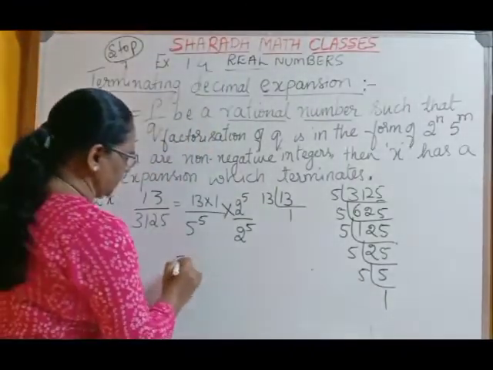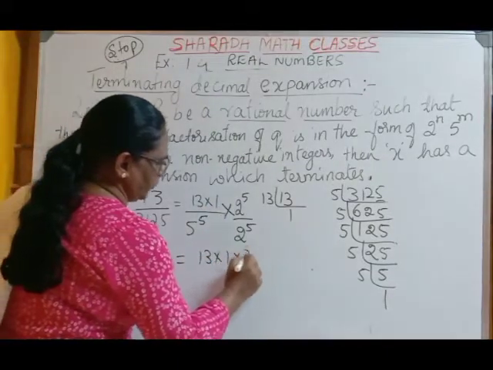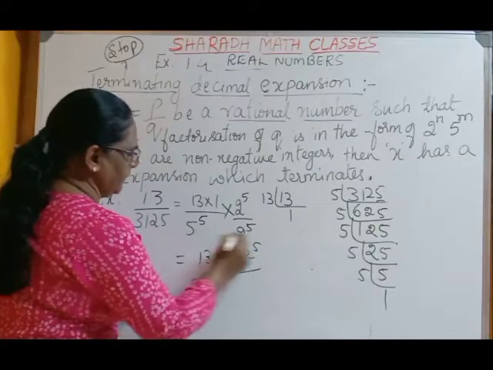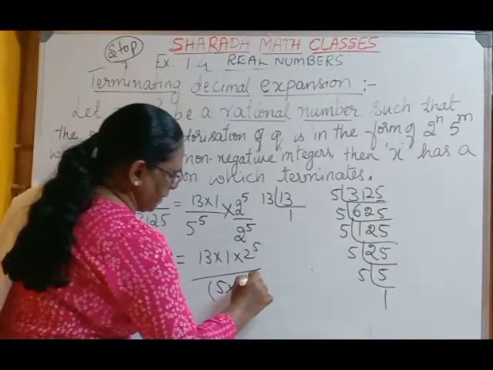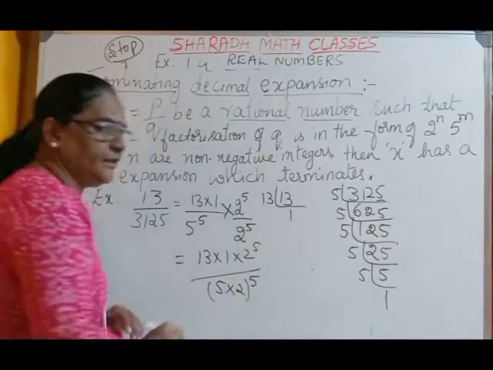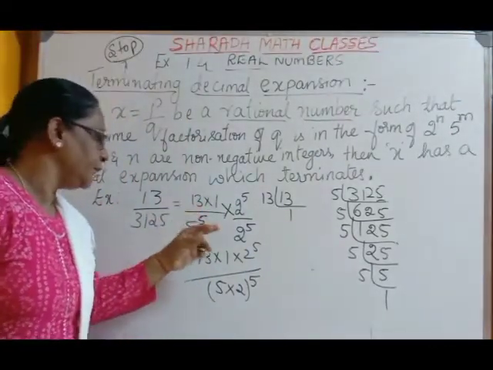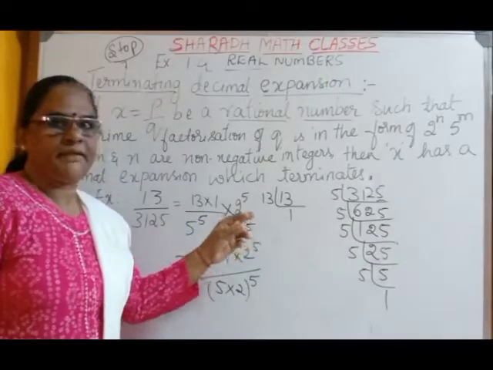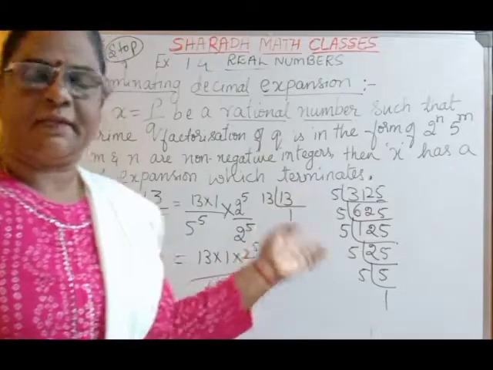Now this becomes 13 into 1 into 2 to the power of 5 divided by, and this can be written as a to the power of m into b to the power of m, which is a into b whole to the power of n.